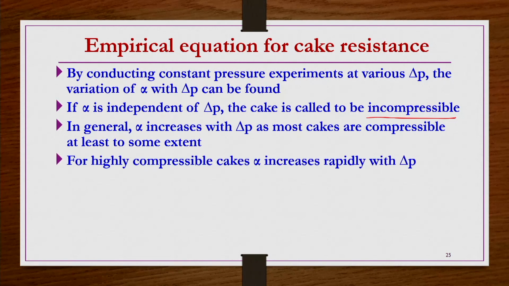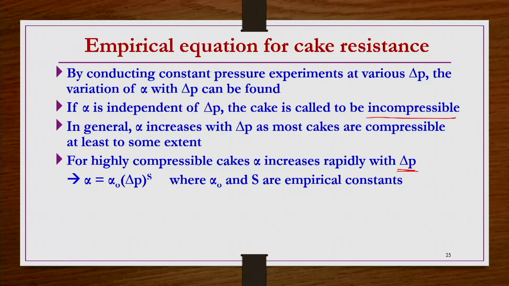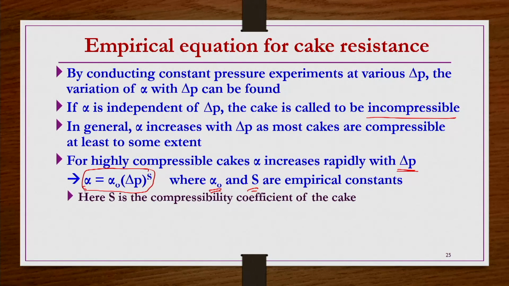For highly compressible cakes, alpha increases rapidly with delta P. Under such conditions, if you do experiments at several delta P values and calculate the corresponding alpha values and correlate them, you may get an equation like this: alpha = alpha0 (delta P)^s, where alpha0 and s are empirical constants. s is the compressibility coefficient of the cake.